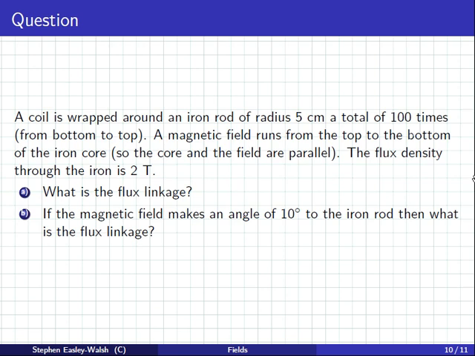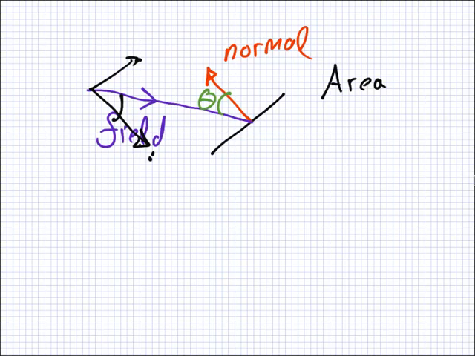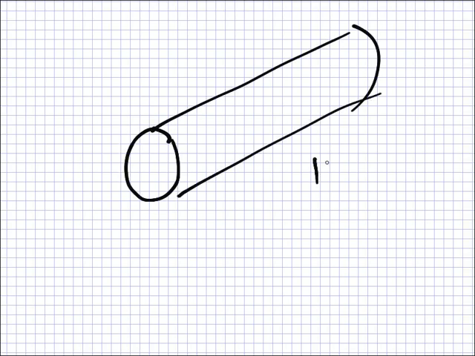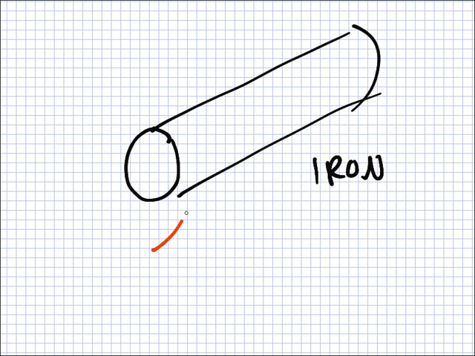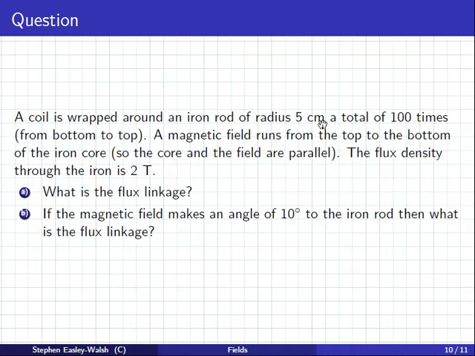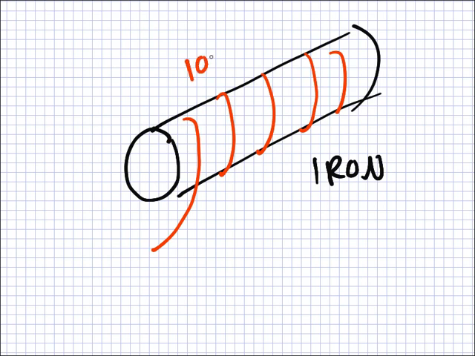A coil is wrapped around an iron rod of radius 5 centimeters, a total of 100 times from top to bottom. So let me help you out a little bit. It's a piece of iron, and you wrap some wire around it 100 times.